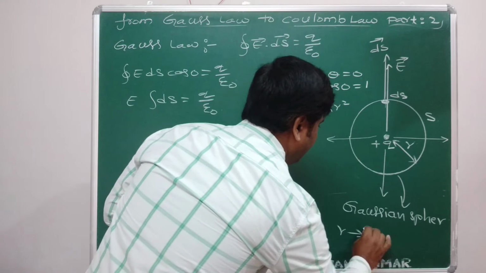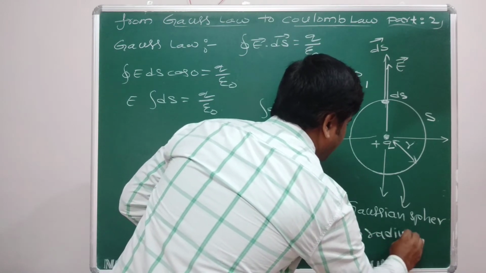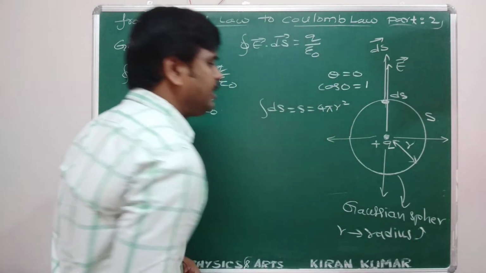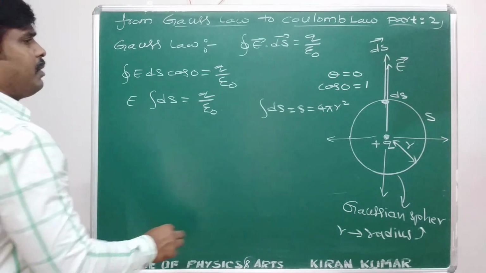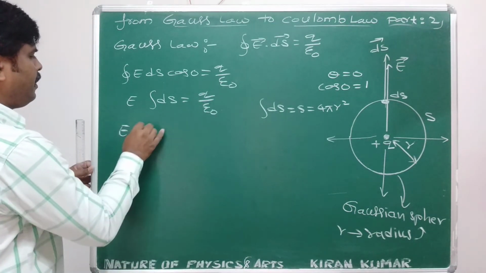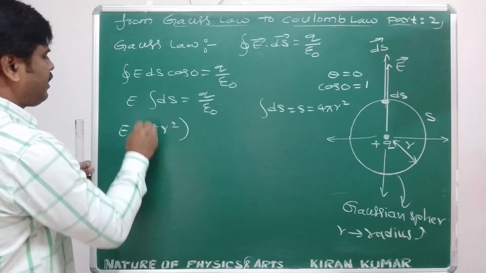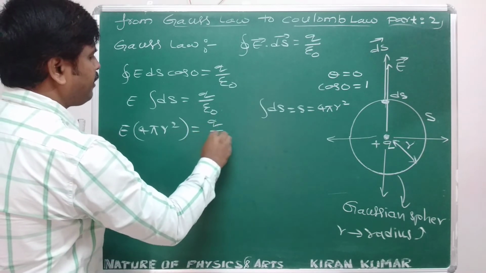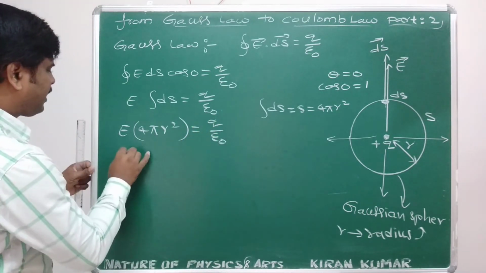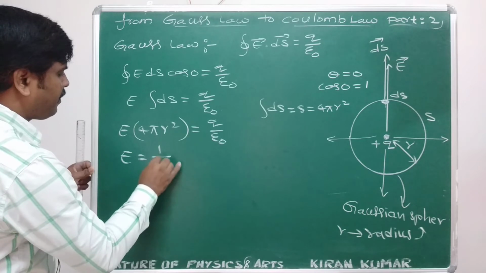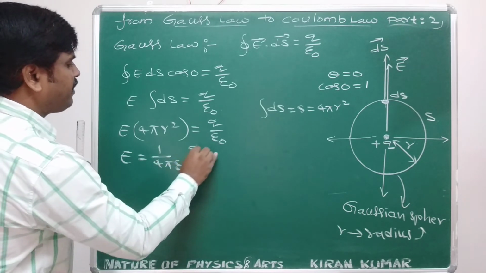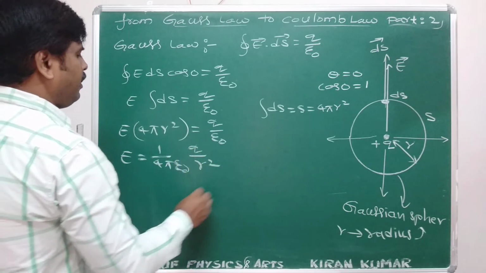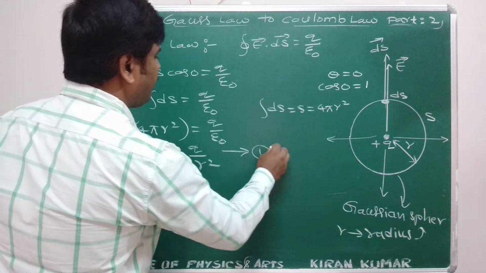So E into 4 pi r square is equal to q divided by epsilon naught, and the electric field is 1 by 4 pi epsilon naught q divided by r square. So we got equation number 1.